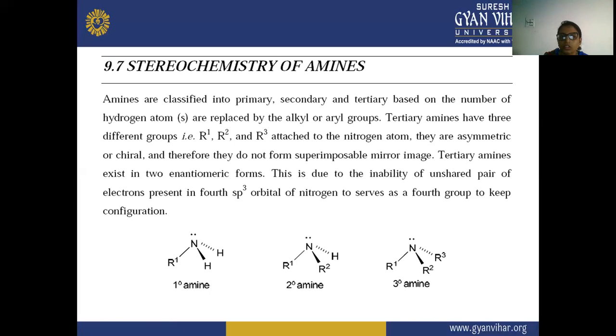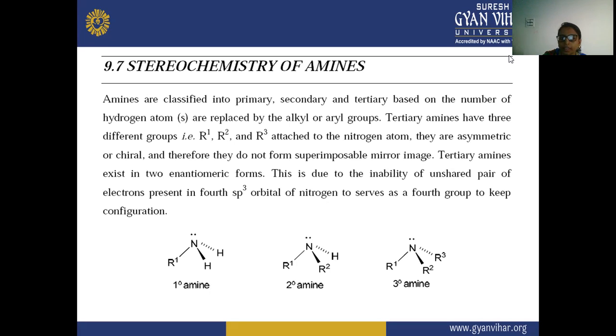From ammonia, the hydrogen atoms have been replaced by alkyl or aryl groups. On that basis, they are classified into primary, secondary, and tertiary amines.